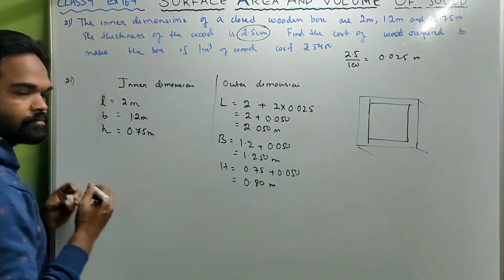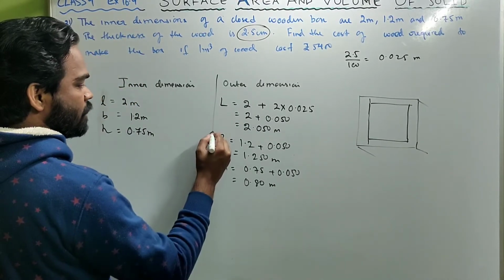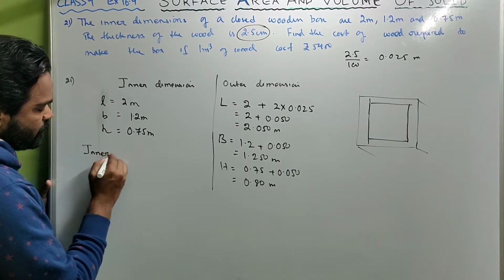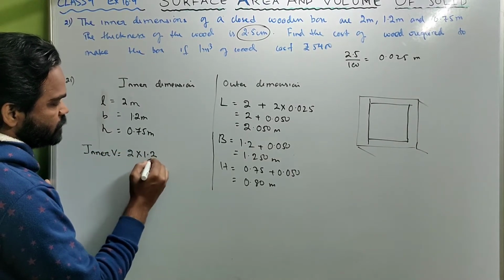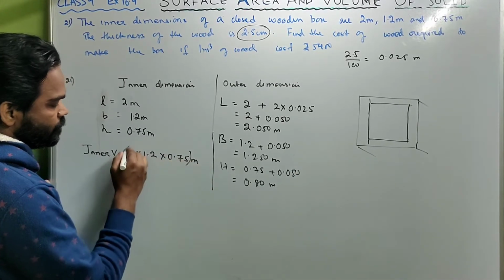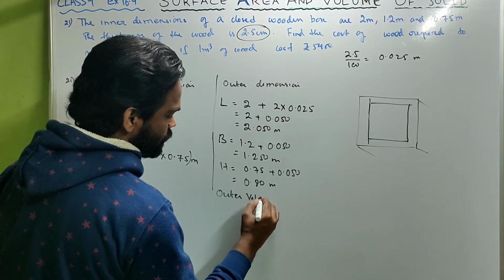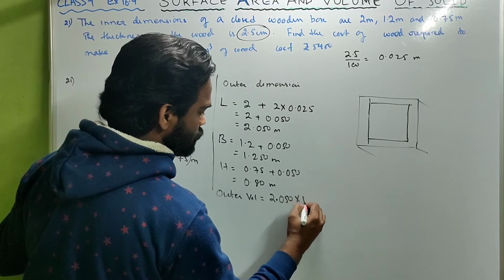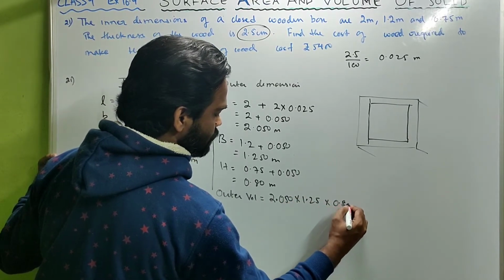Am I clear? We first need to get the volume of the wood required. Now, the inner volume is length into breadth into height. And the outer volume is length into breadth into height.